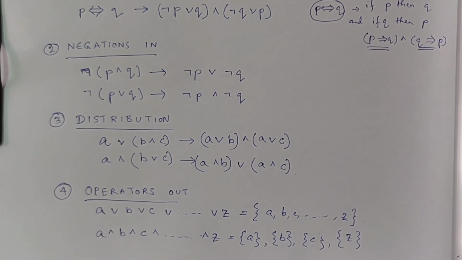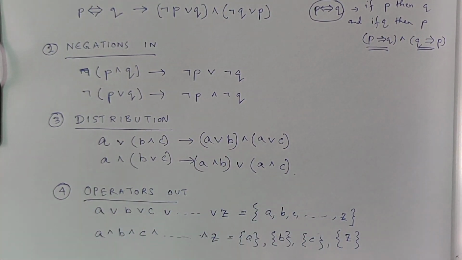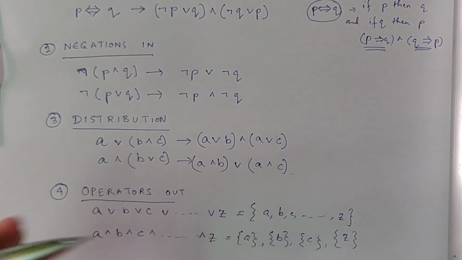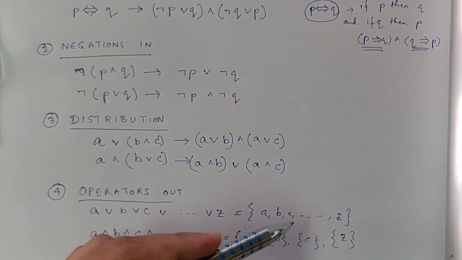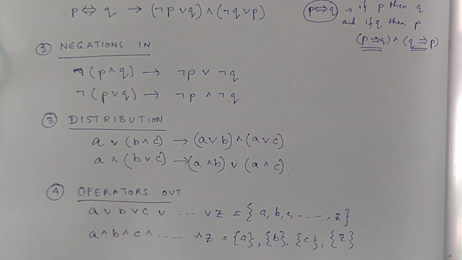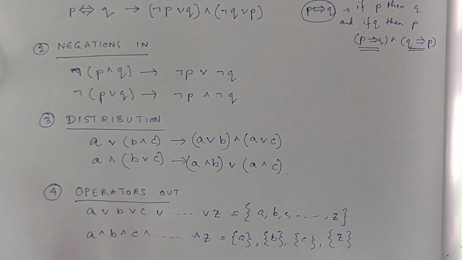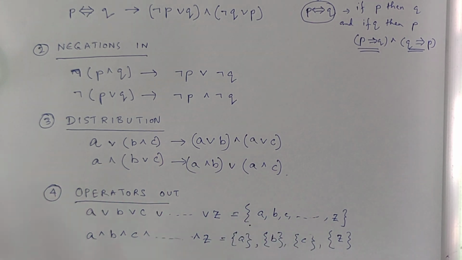But still I will say what this set actually means. This set means what elements are required within this set to be true to make the entire formula true. This is equivalent to A or B or C or ... or Z, right?